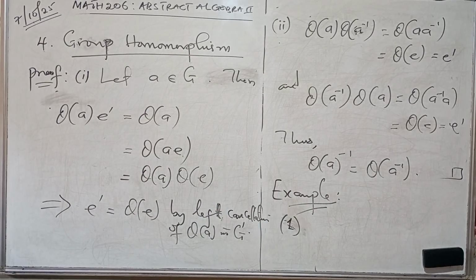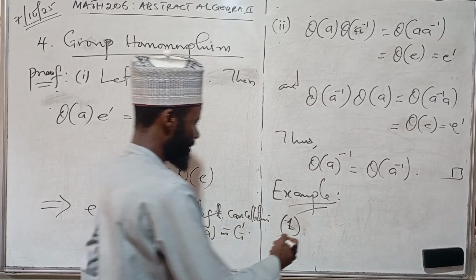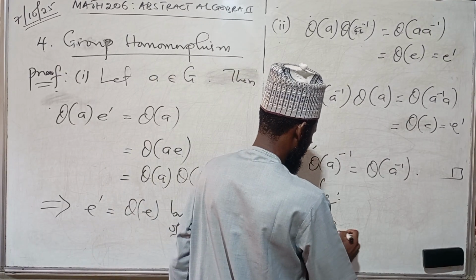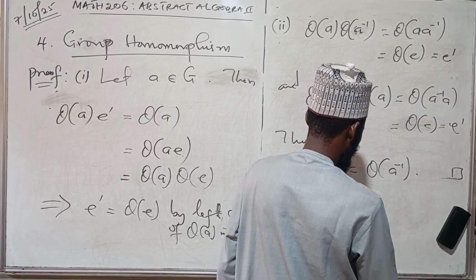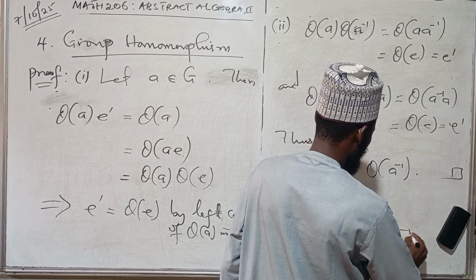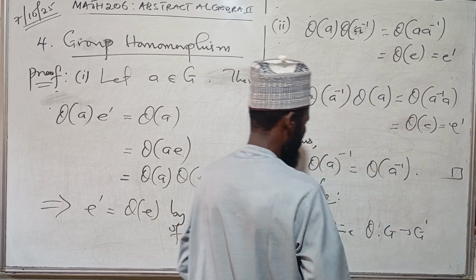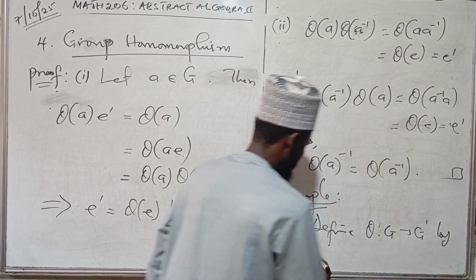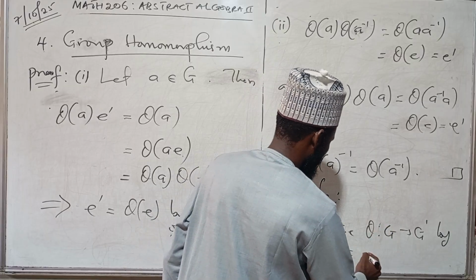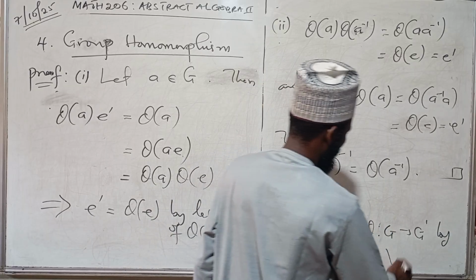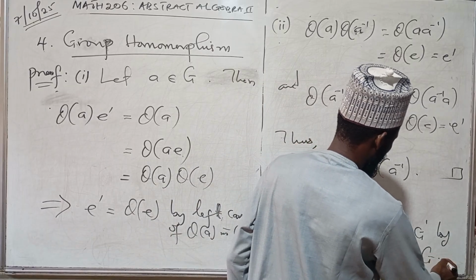That is a very dull one. We just define from the group G to G prime by theta of x, whatever x you take, is equal to the identity for all x in G.